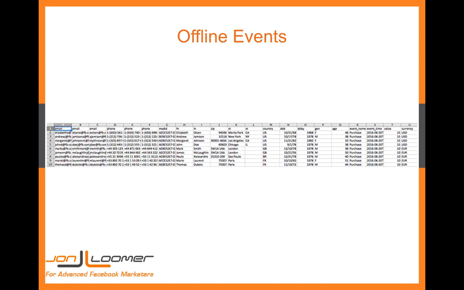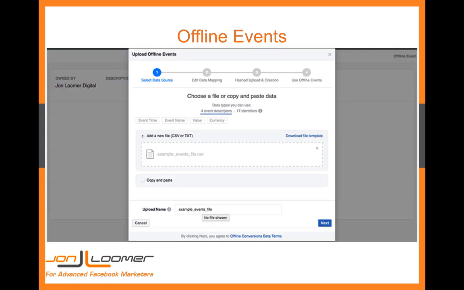But you also then have to include, obviously, what's the product that they bought, what's the value, what's the currency, so that they can match it up to people who saw your ad, and then also give you a value for what it is they bought.